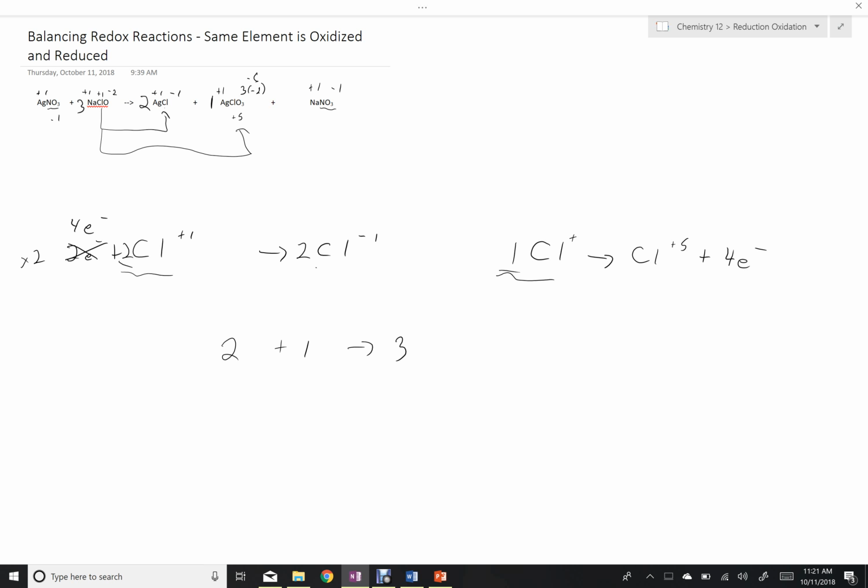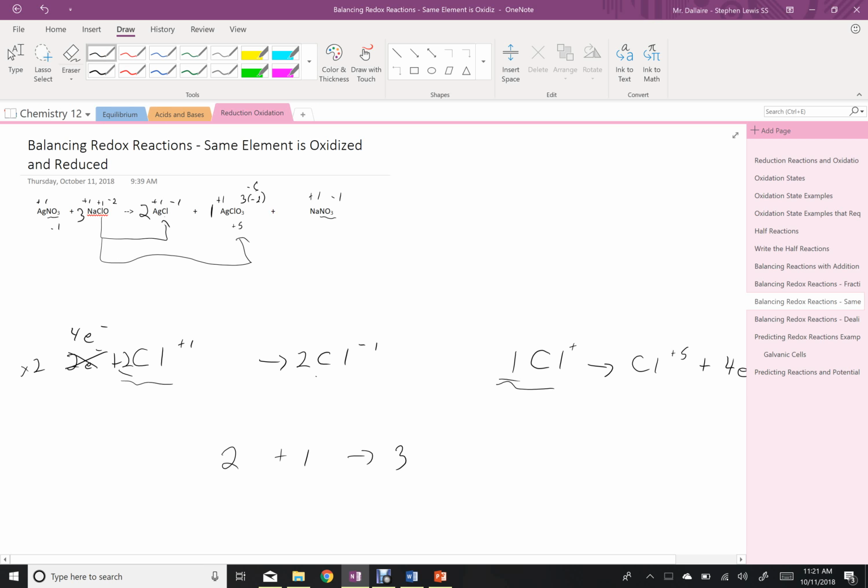Okay, so now we've dealt with the fact that we have the same element being oxidized and reduced. We can now balance the additional species and finish this equation. Apart from that one funny thing going on, this is not a particularly hard one to do. I'm just going to do my usual erasing of all the other stuff so I can focus on my balancing now.